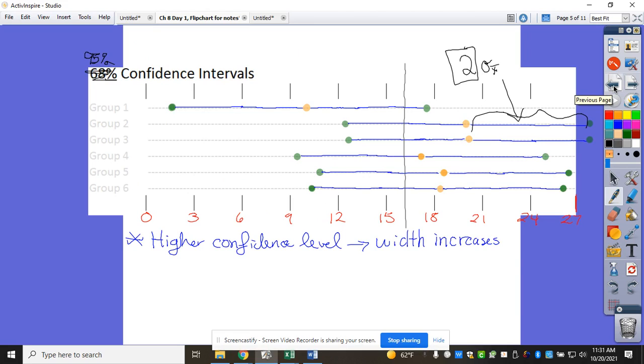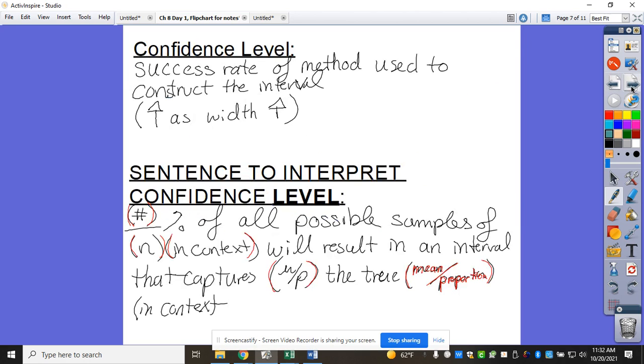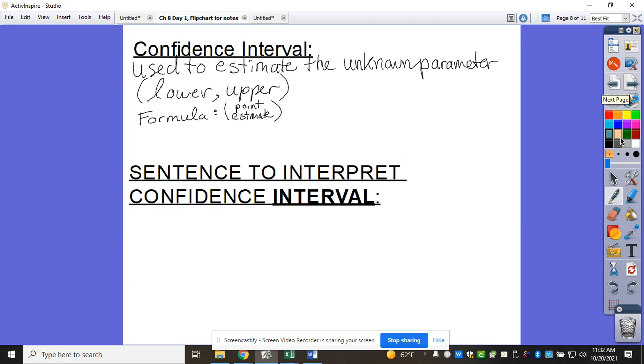And then where do I go from there? What is this called? Margin of error. So I am taking my point estimate, and if I go to the left, I'm subtracting, and if I go to the right, I'm adding. So you're both adding and subtracting your margin of error.